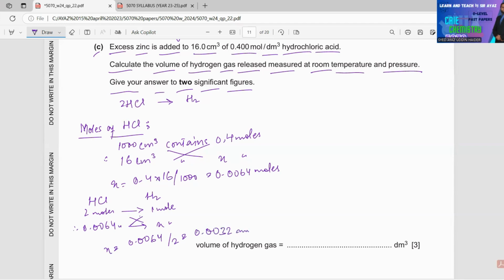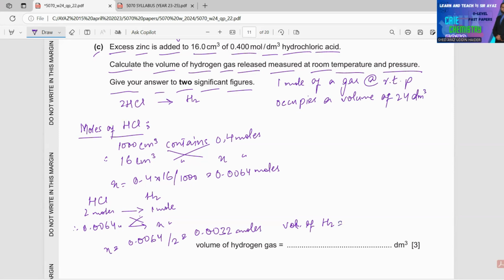0.0032 moles. Now, in order to get the volume of H2, they have mentioned room temperature and pressure. We know that 1 mole of a gas at RTP, room temperature and pressure, occupies a volume of 24 dm cube.